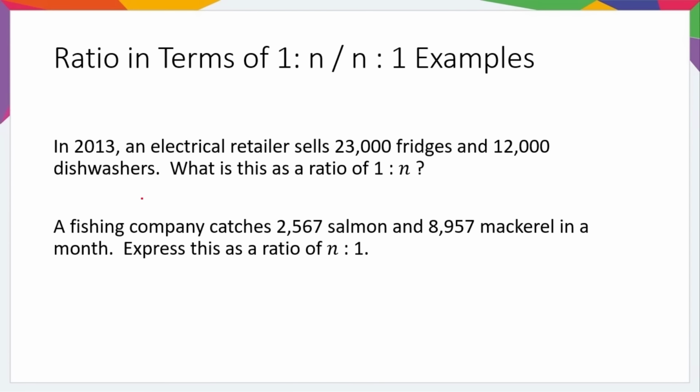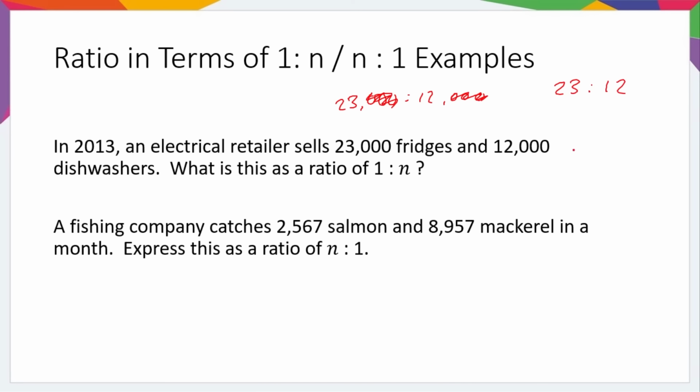So here's a worded example. We know the ratio is 23,000 fridges to 12,000 dishwashers. So we want to turn it into a ratio of 1 to n. First of all, we can simplify this ratio to 23 to 12. Let's write it a bit more neatly over here, 23 to 12.